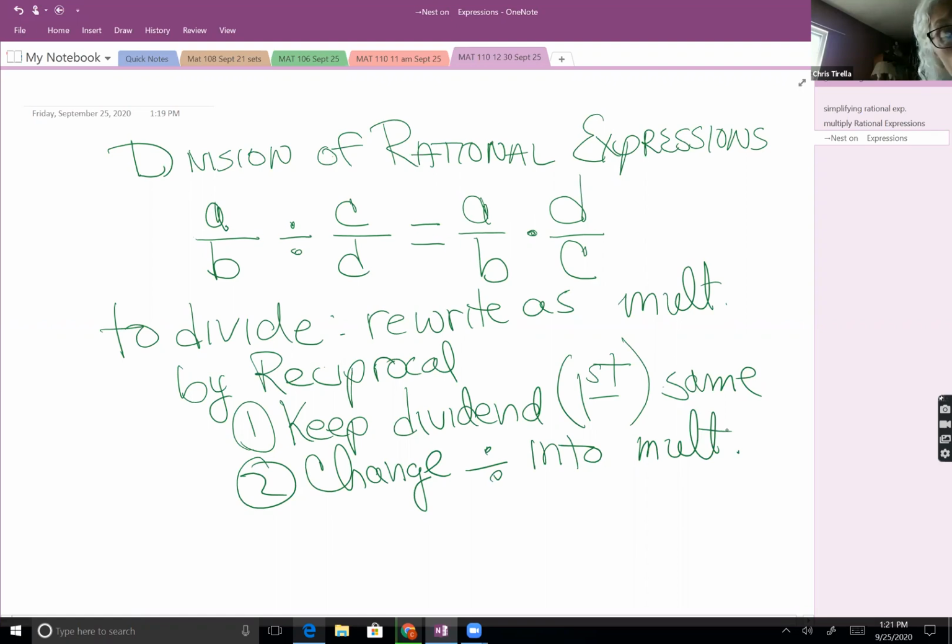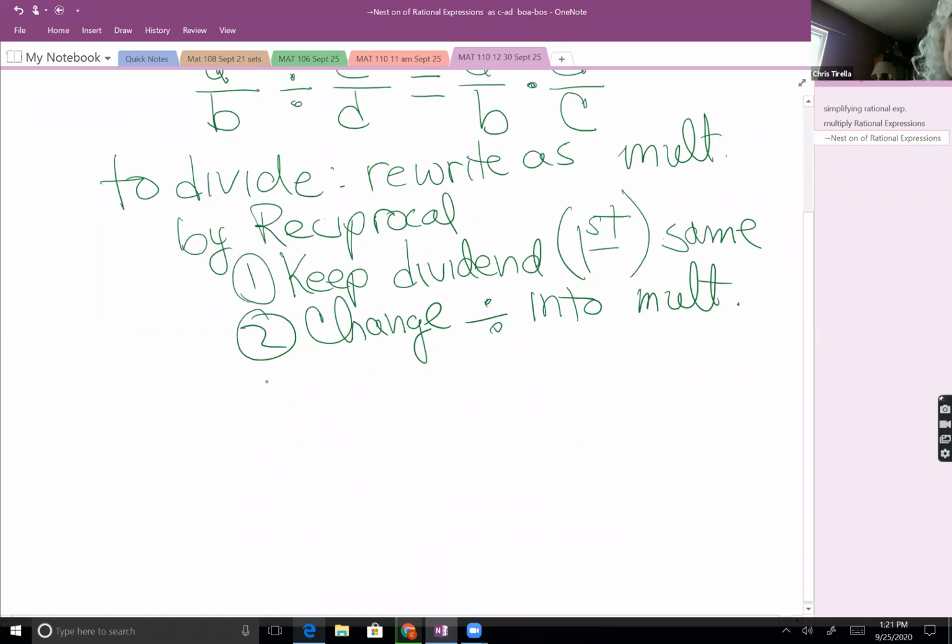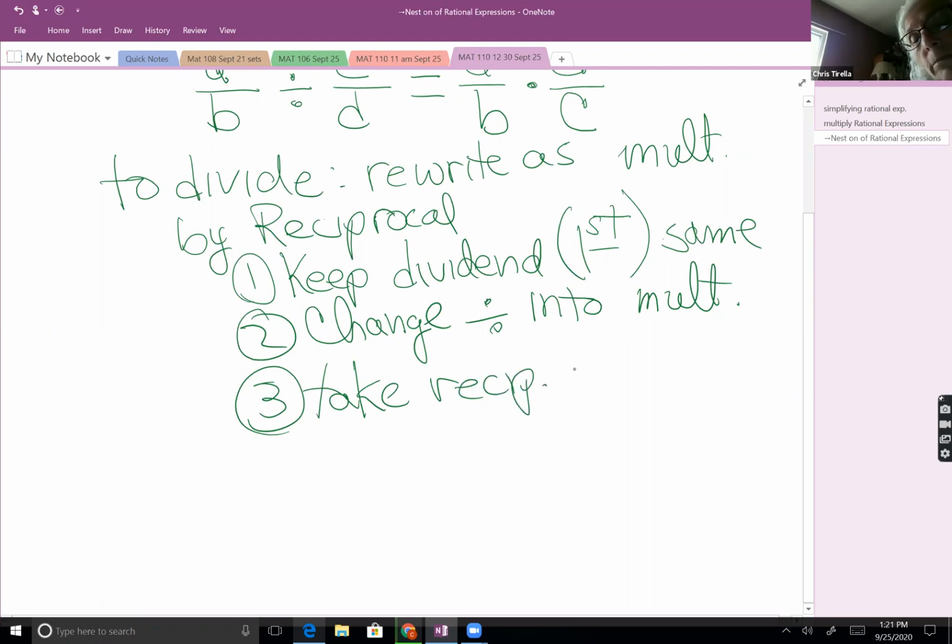And then we take the reciprocal of the divisor, which is a fancy way of saying we flip the second.